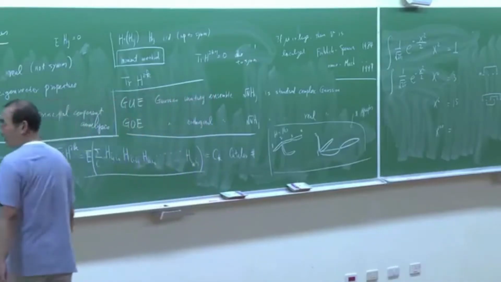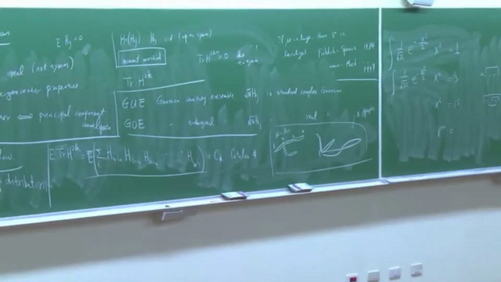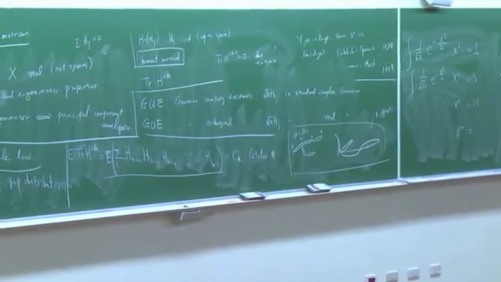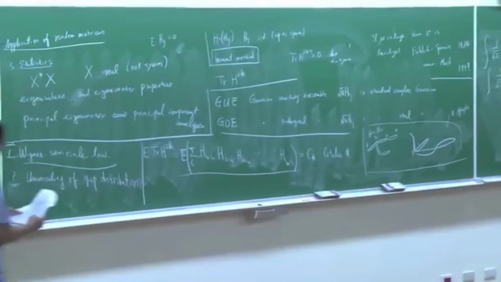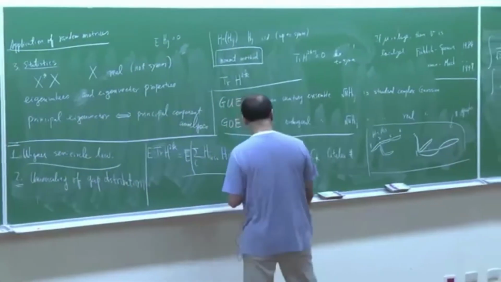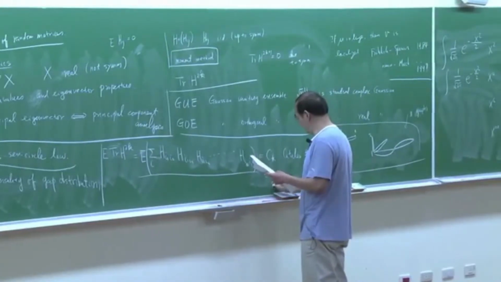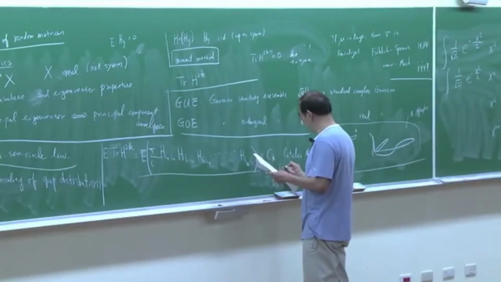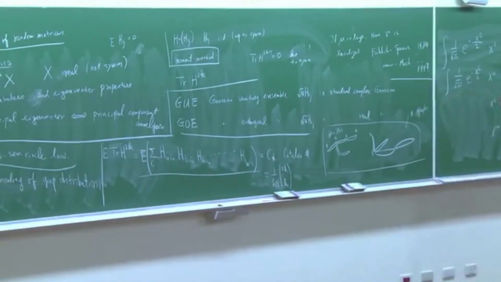I will not do this here. The number is equal to 1 over k plus 1 times 2k choose k.